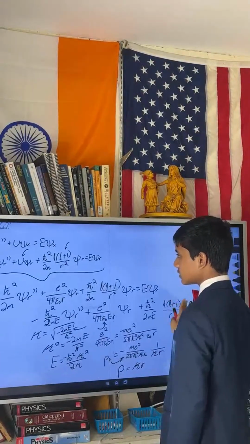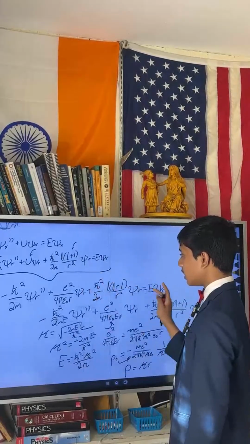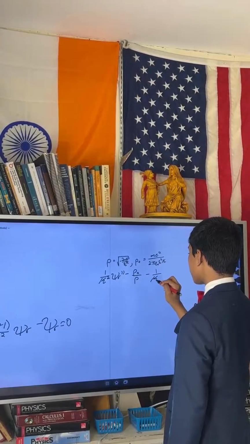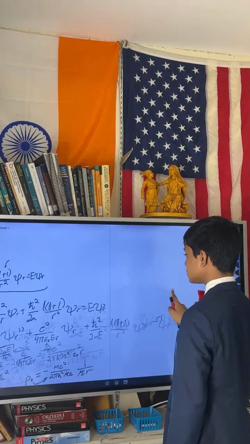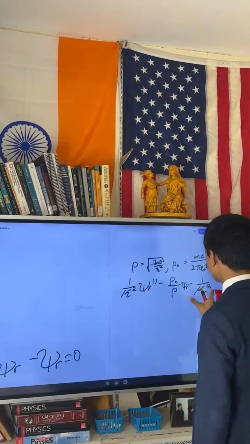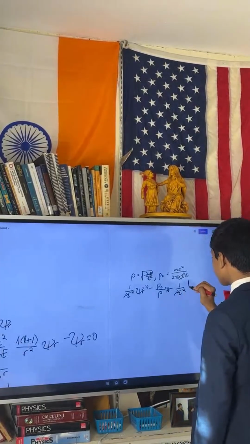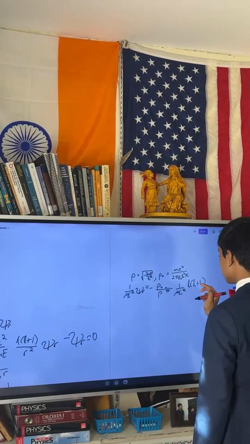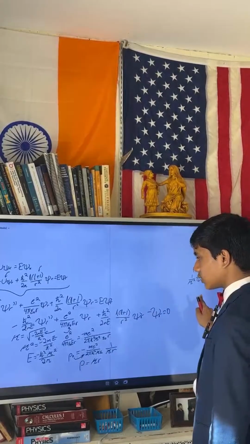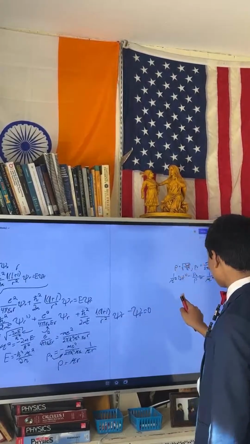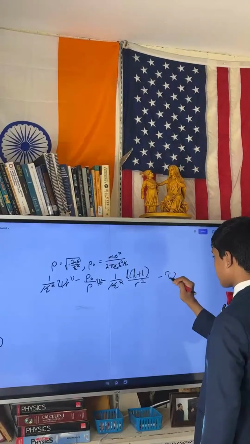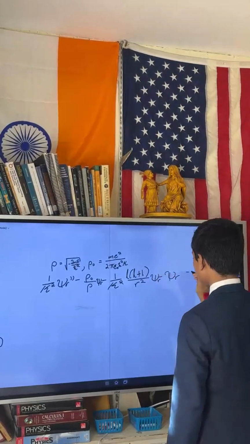And what else is left here? Plus h bar squared over 2m, which is minus 1 over kappa squared. Oh wait, this should have a psi r attached to it. Minus 1 over kappa squared, L times L plus 1 over r squared. And what else is there? Oh, right, just the minus 1, minus psi r.